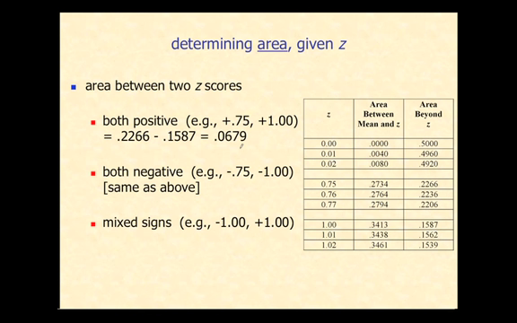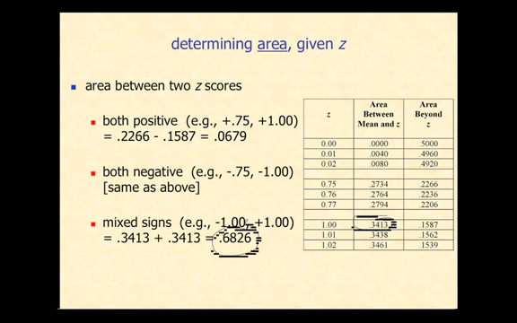If we use two negative scores, we just repeat the same process. It works exactly the same way. But for mixed signs of z-scores, the process is a little bit different. So for example, if we want to know what's the area between minus 1.00 and plus 1.00, in this case we're taking the area between the mean and z of minus 1.00, which is 0.3413, and plus 1.00, which is again 0.3413.